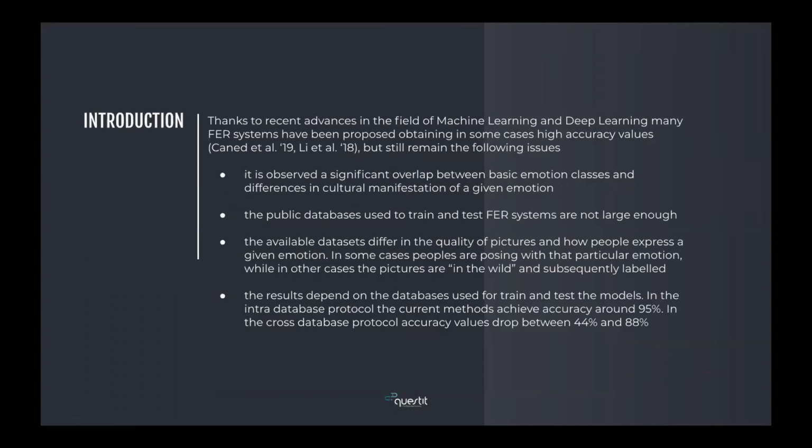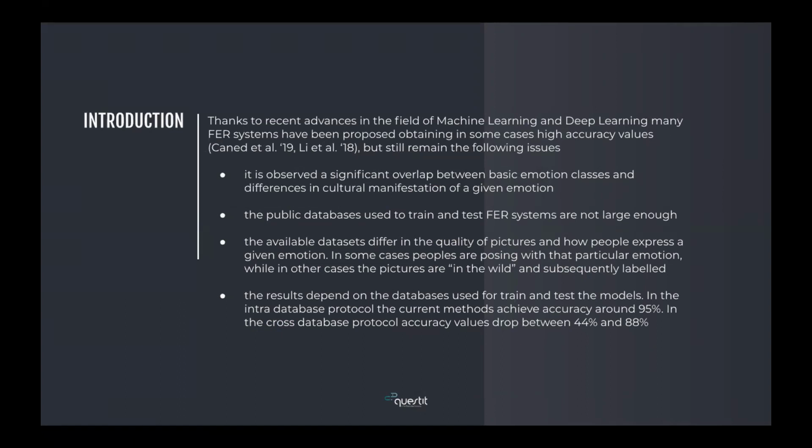The task in question is not new, and a lot of literature has been produced over the years. In particular, thanks to the recent advances in machine learning and deep learning, many systems have been proposed and have obtained, in some cases, high accuracy values, but the following issues still remain.